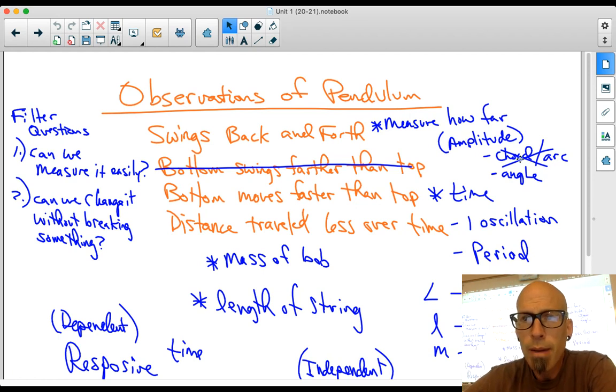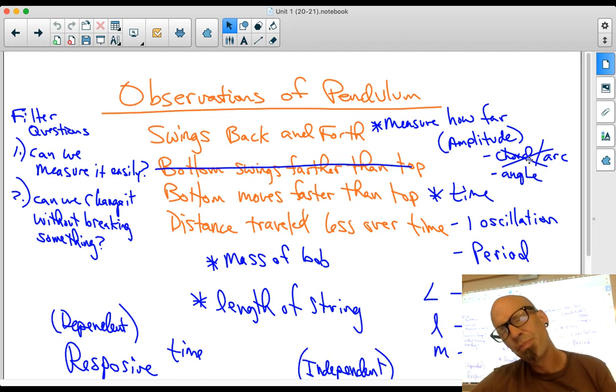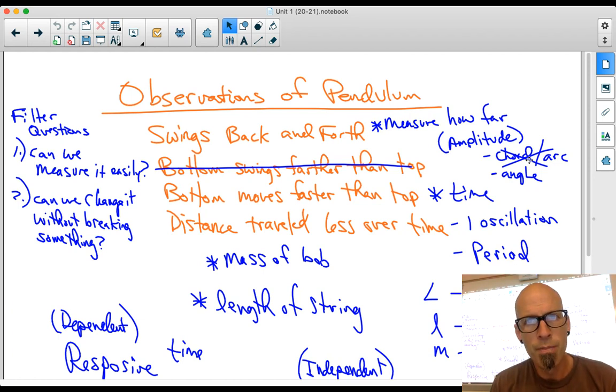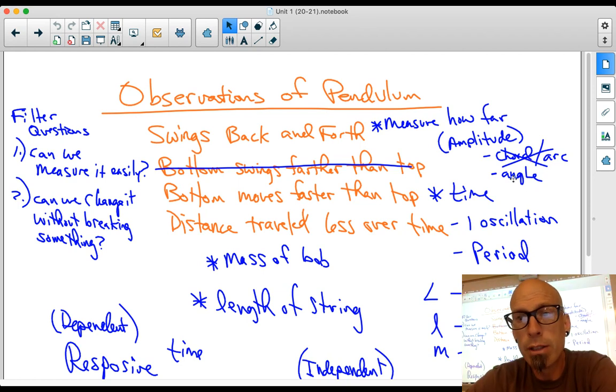We were talking about chord or arc length as a way to do that. Then we started talking about how chord or arc length is going to be extremely difficult to measure for a pendulum. Someone suggested, well, maybe we could just measure the angle of the string. Brilliant.